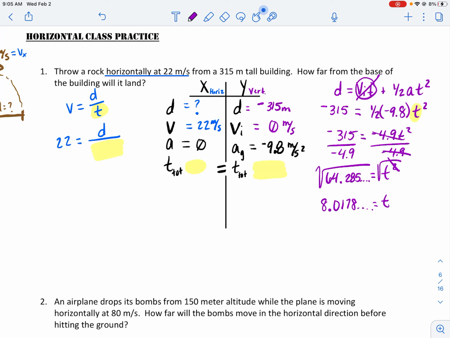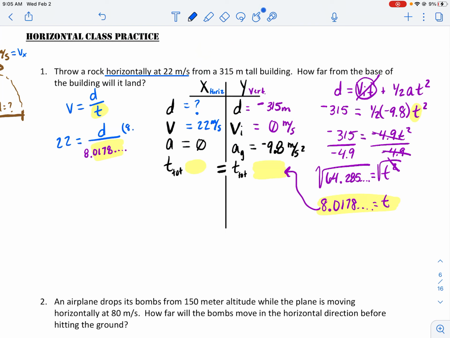So what this means is I have now determined how much time my object spends in the air. So this number is then going to serve as my total time for both the horizontal and the vertical motion. So I'm going to take that 8.0178, whatever else I have there, and I'm going to plug that in my equation in order to allow me to solve for that horizontal displacement.